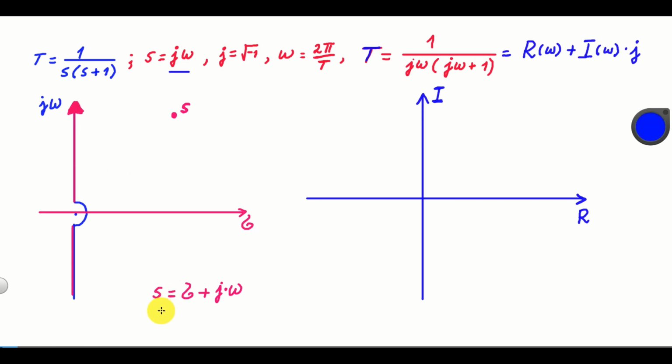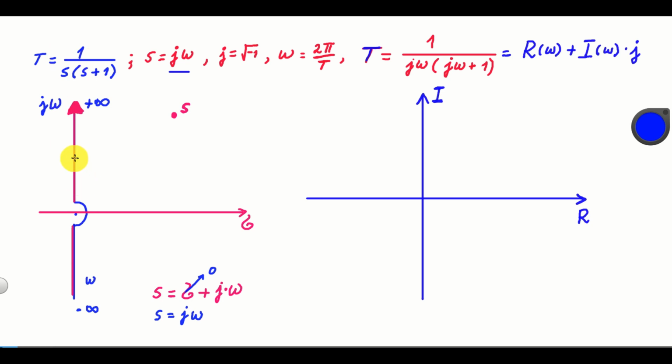So over here in this expression we set sigma to be equal to 0, and our S becomes j omega. The Nyquist plot is obtained by varying omega from minus infinity to plus infinity on this imaginary axis.